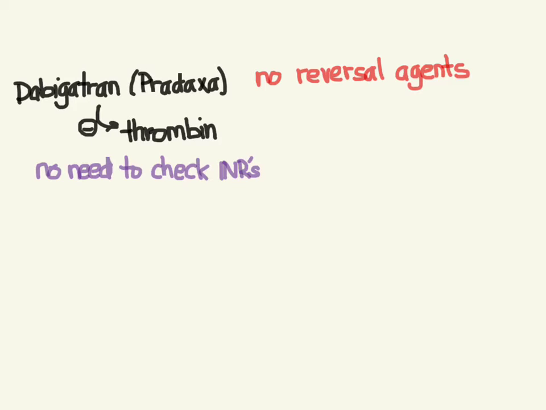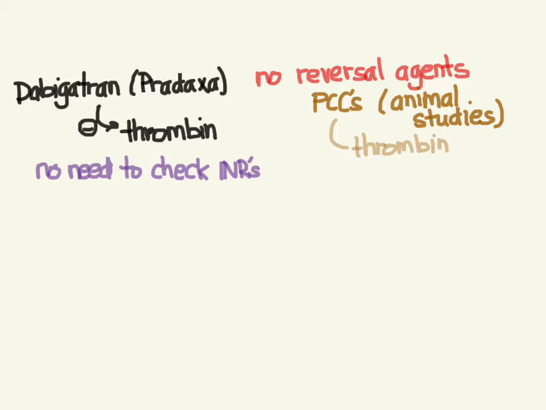In some animal studies, PCCs worked because there are small amounts of thrombin in those PCCs. But unfortunately, there's no real such thing as a purified thrombin concentrate. So with the dabigatran, you could try the PCCs, you could try FFP, but there are really no reversal agents.